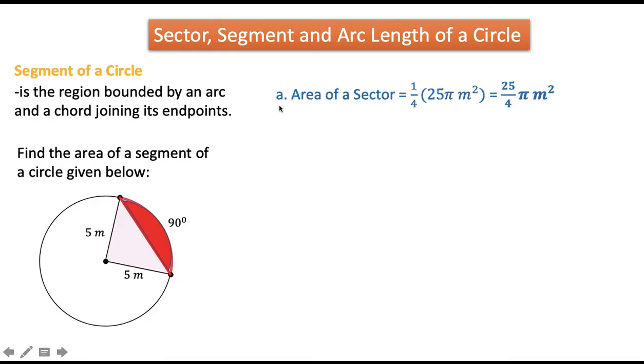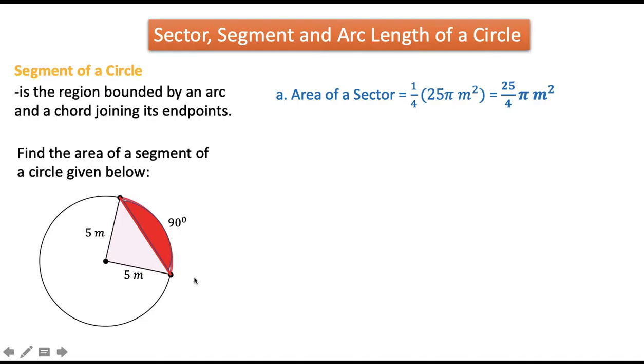We will start by finding the area of the sector. We learned in our previous example how to solve for the sector. Since the radius is 5 meters, the whole circle is pi times 5 squared, which gives us 25 pi meters squared.